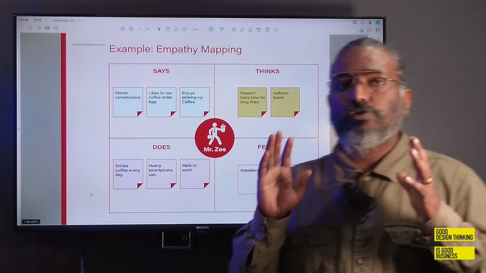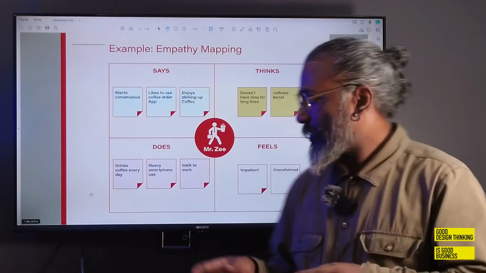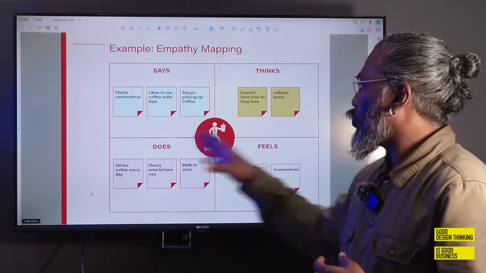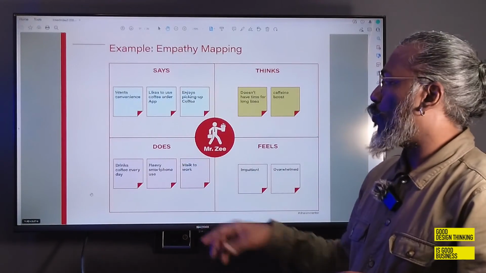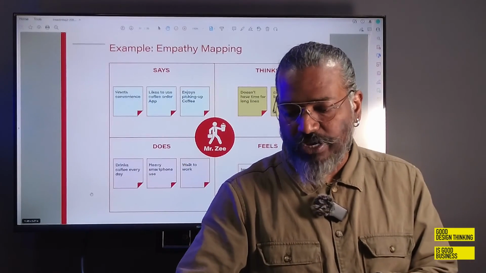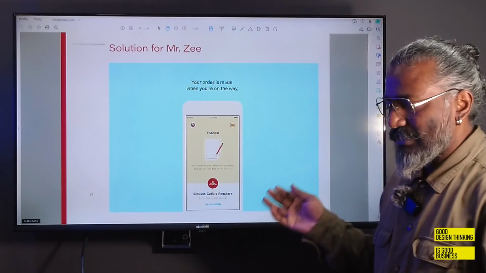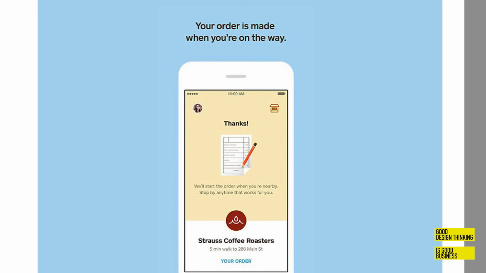So whenever you observe, you talk to the person, you will get a lot of this information. Once you get all the information, try to bucket them in these 4 sections. Now you've got a good amount of data points. From there, you can create solutions. In this case, your order is made when you are on the way.